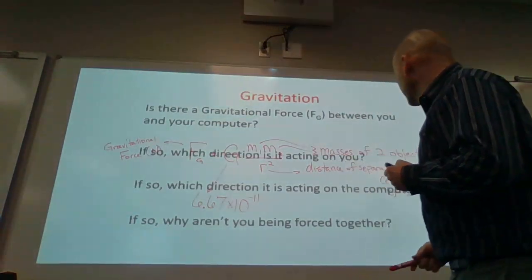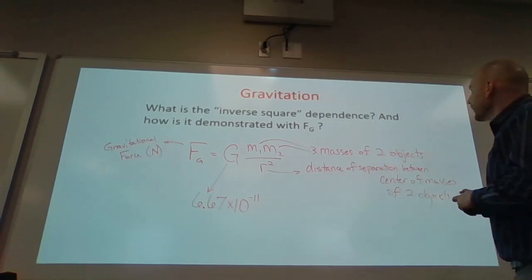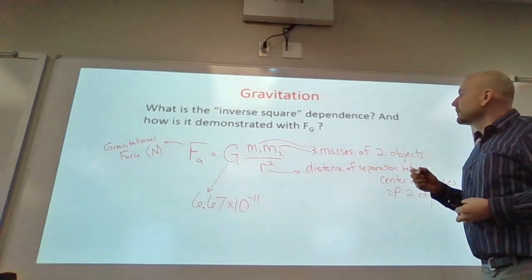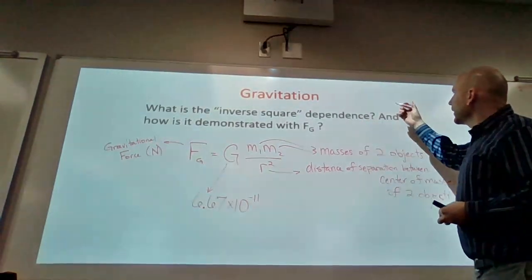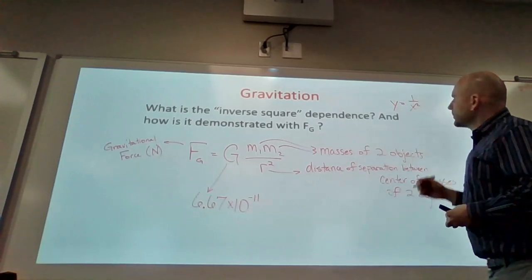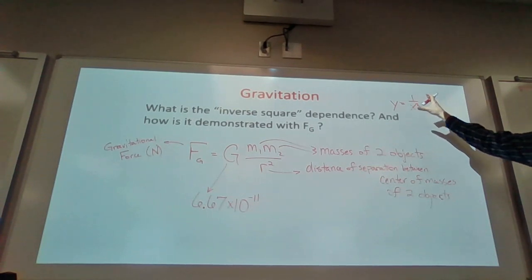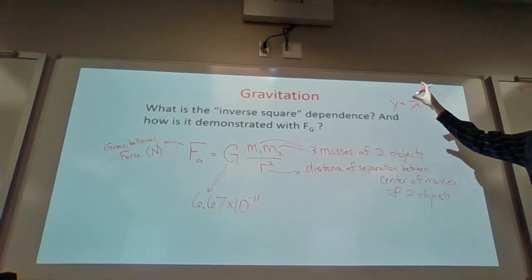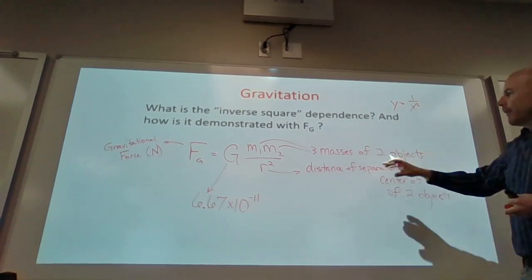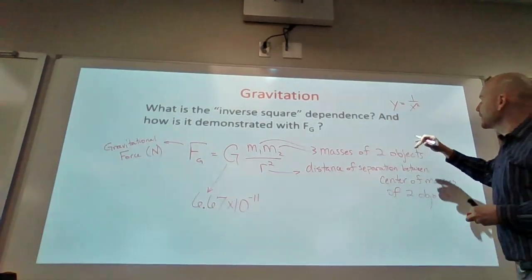Okay. So, oh, this is another thing. I'm just checking a box on state standards on this one. So, inverse square law. Inverse square law, it's a mathematical format. We find that because it's 1 over r squared, the gravitational force.